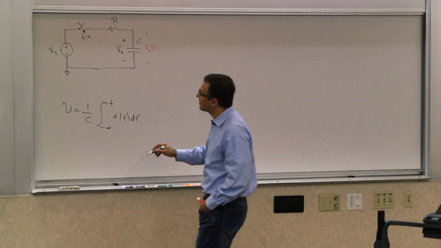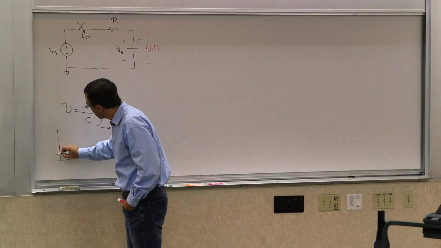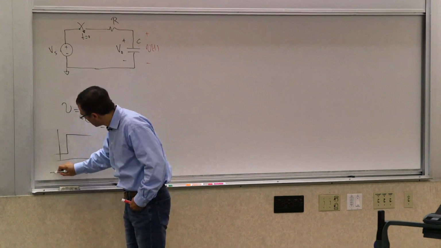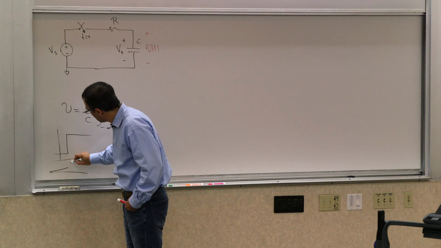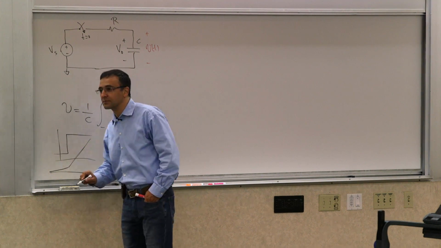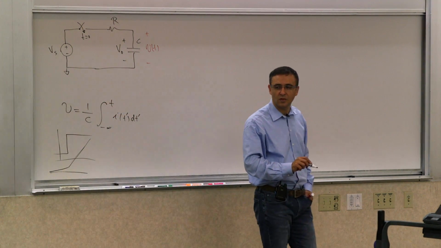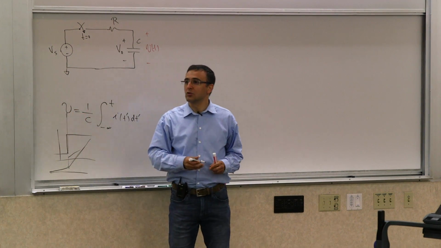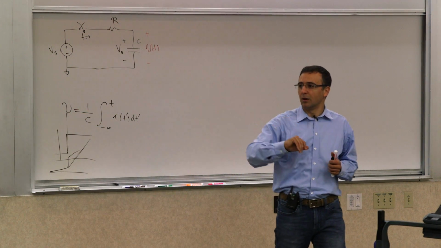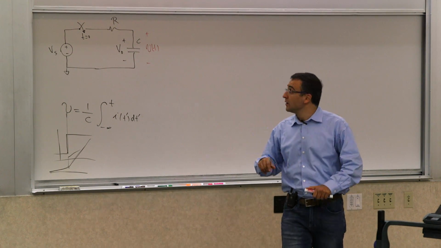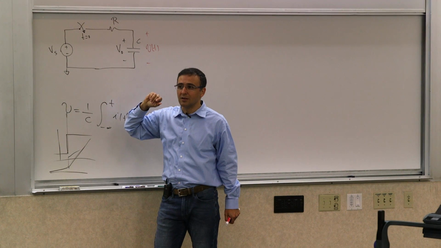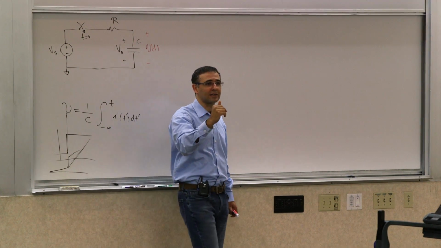If I have a finite current, the integral of this is going to be something like this. The integral goes like that, and then starts changing slope like that. The only way you can have a jump in the integral is that this thing goes to infinity, something like an impulse. Or something like an ideal voltage source being attached to it, something that can provide infinite current.